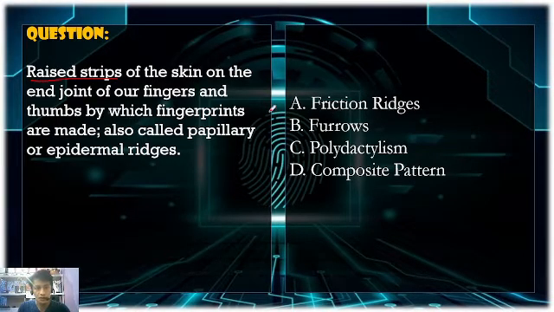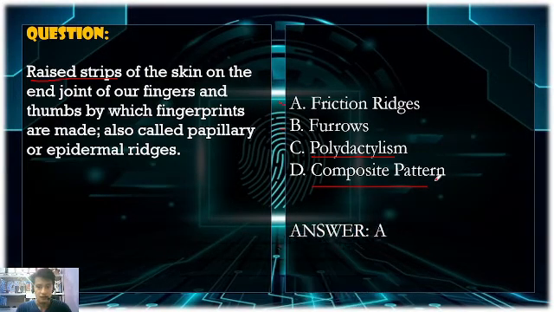If we look at the choices, there are only two possible answers, letter A or letter B, because polydactylism and composite pattern are very much different, or so far from the question. We will know more about that as we move on to the next slides. Anyway, the correct answer here is letter A.